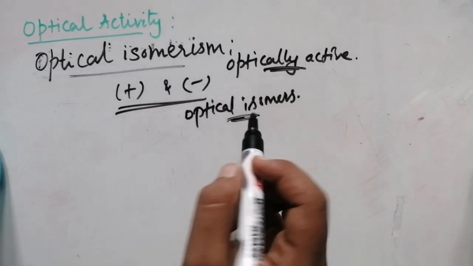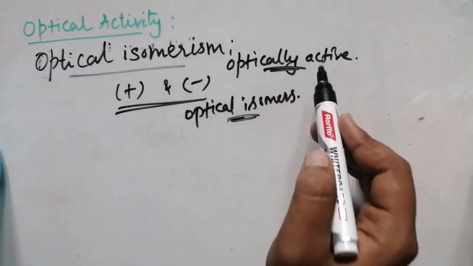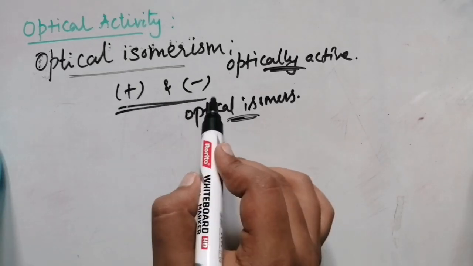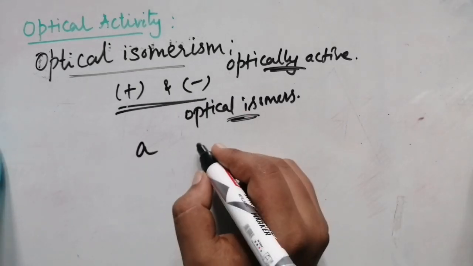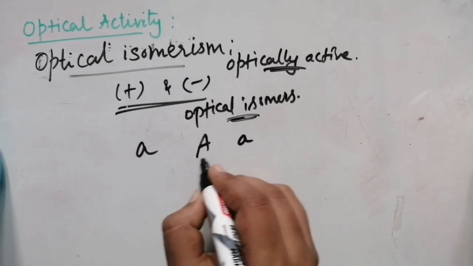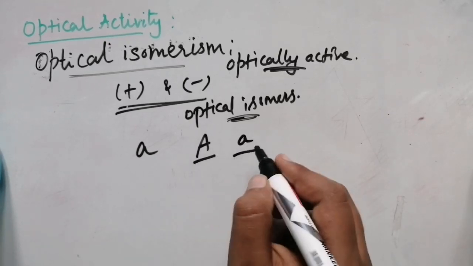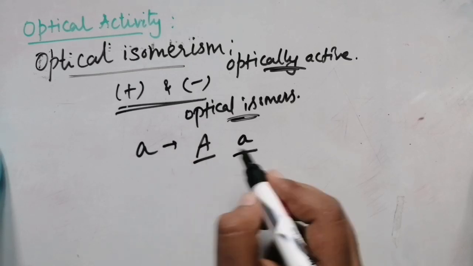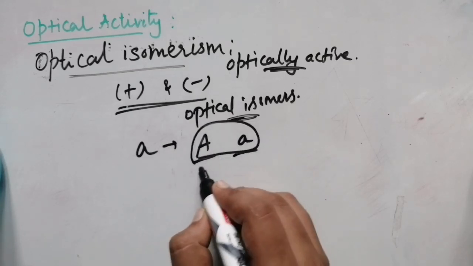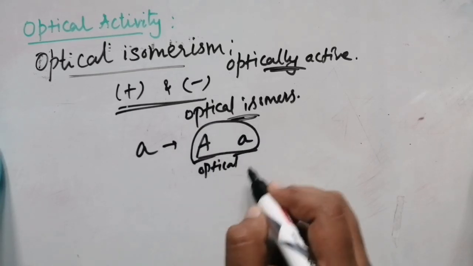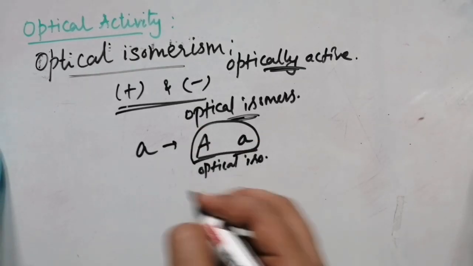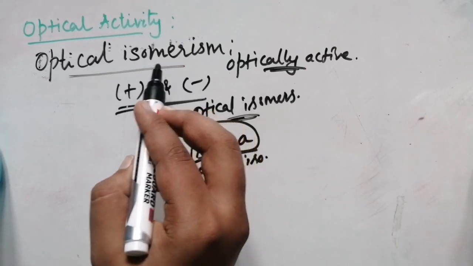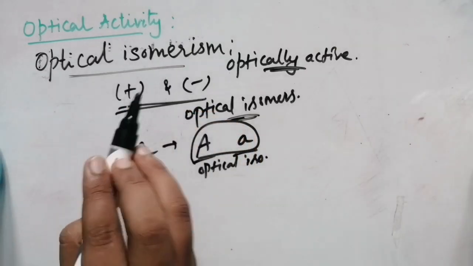If I take a compound A that has a structure like this, this is dextrorotatory, this is levorotatory. Both are called optical isomers. This phenomenon is called optical isomerism.